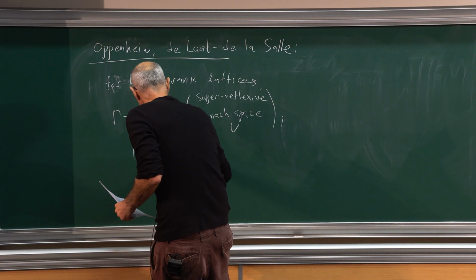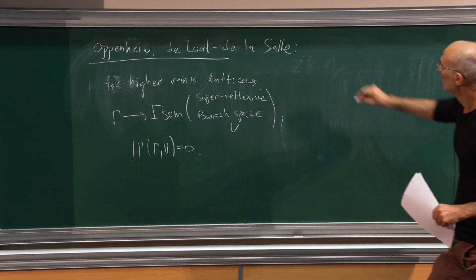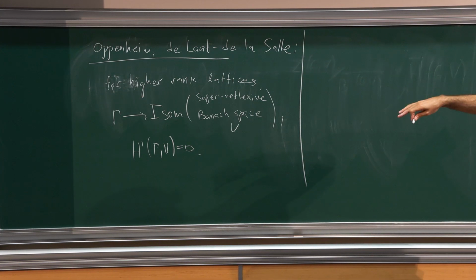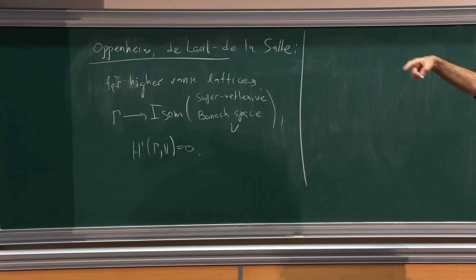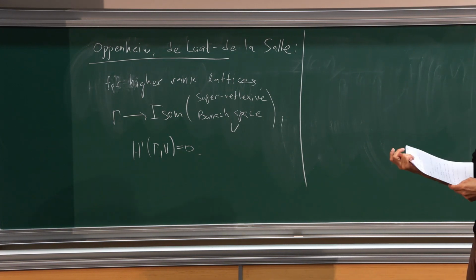H1 of gamma with coefficients in V is 0. So this was conjectured for a long while. Vincent Lafforgue proved it for p-adic lattices, and then very recently those guys were able to prove it for lattices in simple Lie groups.